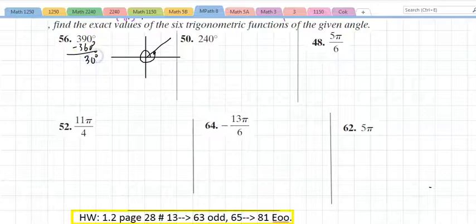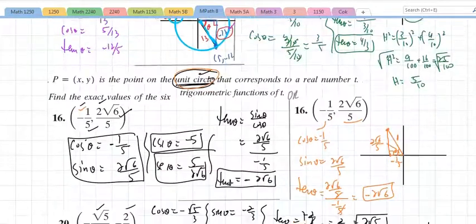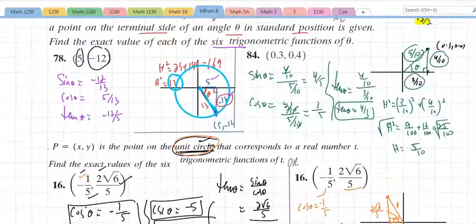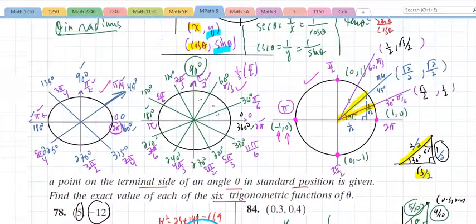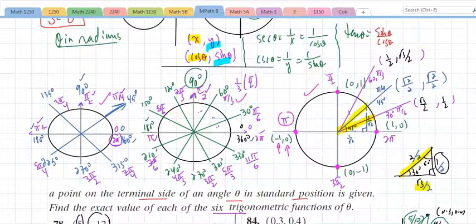That's exactly 30 degrees. I could use trigonometry. And I could say 30 degrees is right there. There's the cosine, there's the sine, and tangent is 1/2 over radical 3 over 2, sine over cosine.